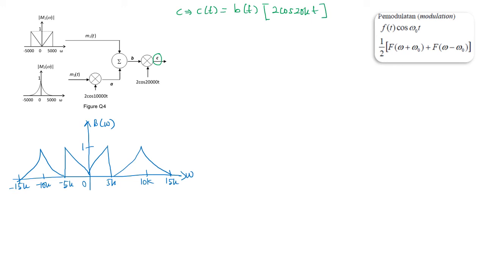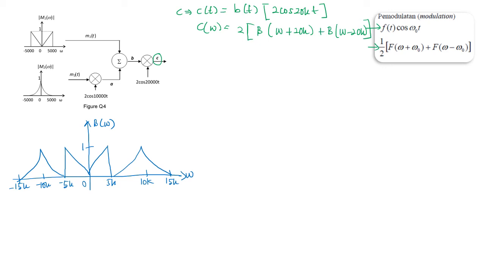Again, when we have a signal multiplied with a cos function, in the frequency domain it is a combination of the signal being shifted in frequency on both the positive and negative sides. So C(omega) equals B(omega plus 20k) plus B(omega minus 20k).